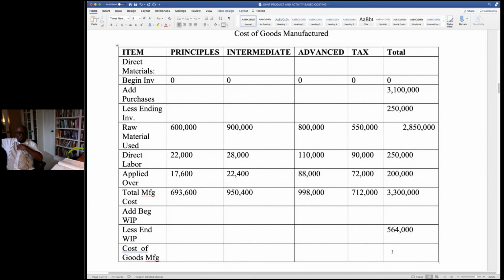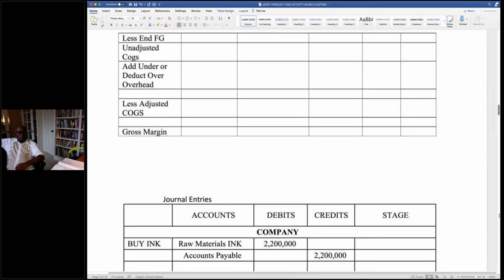Okay, so it's not what I got. Look at each work in process and see if the numbers are correct. Okay.